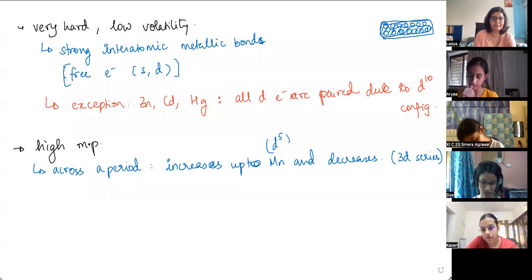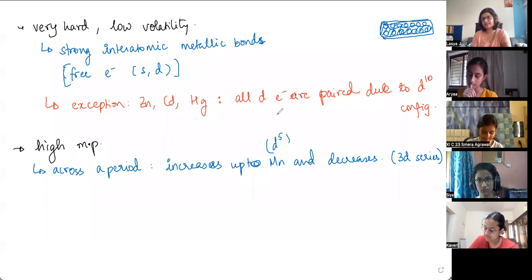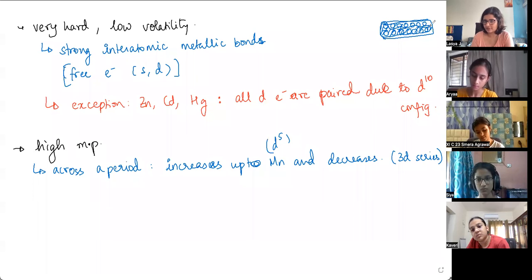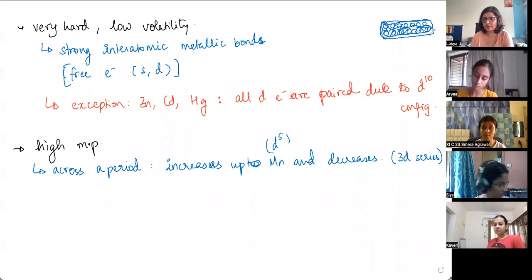Is there a reason for that? Yeah. The reason is related to its hardness. Like we just discussed, the more the number of free electrons available for roaming around, the stronger the bond will be, right? They're all held together by that sea of free electrons.